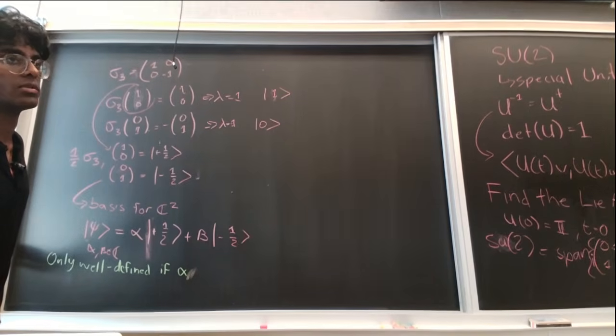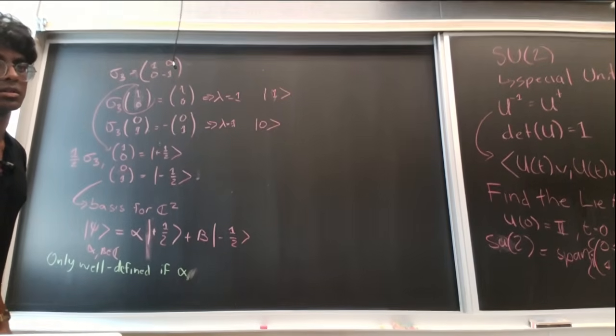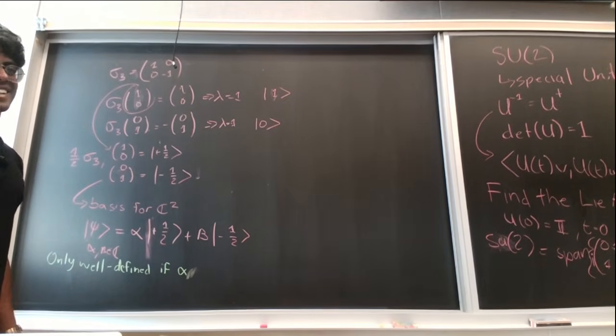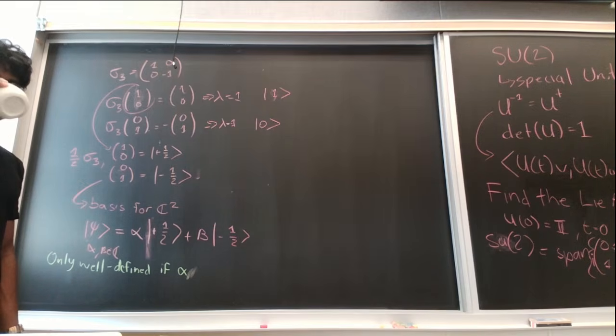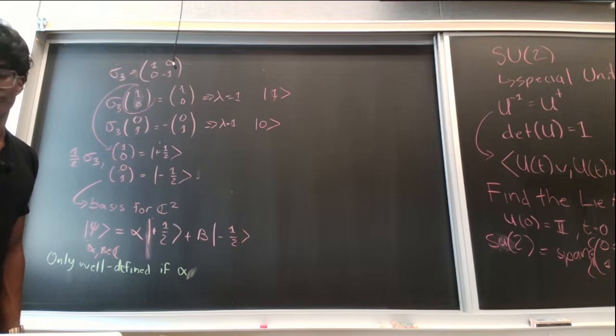Let's look at these matrices. Is it obvious by looking at these matrices that there is no basis in which they're all simultaneously diagonalizable?